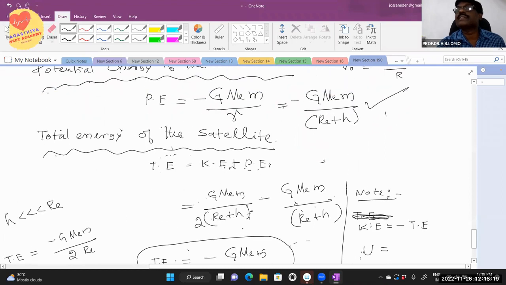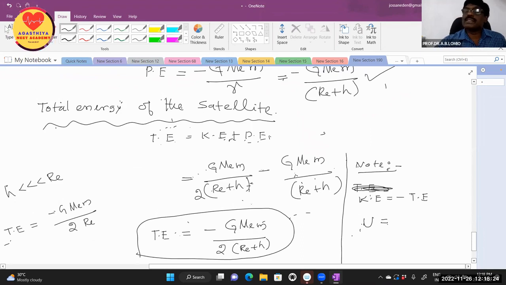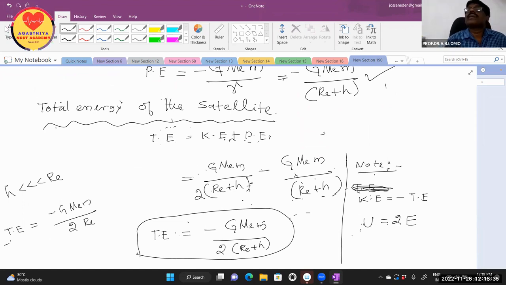Therefore, potential energy is 2 times of the total energy, or total energy is half of the potential energy. But anyway, kinetic energy is equal to total energy.